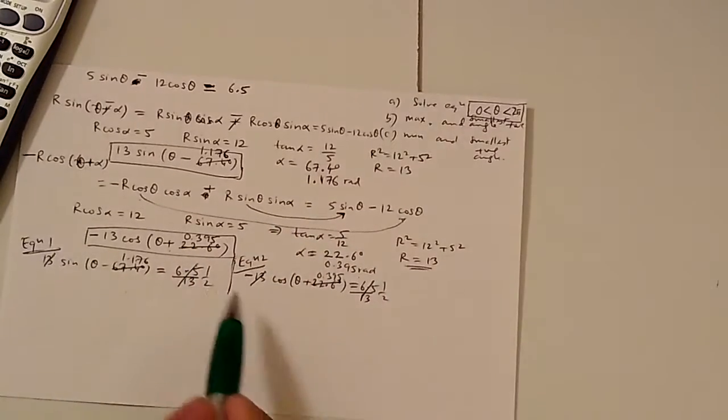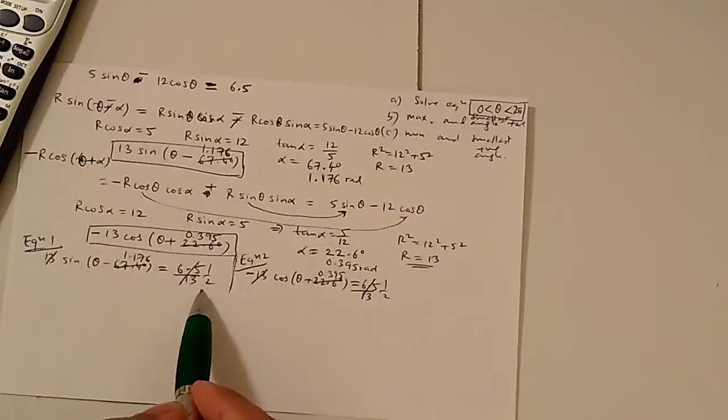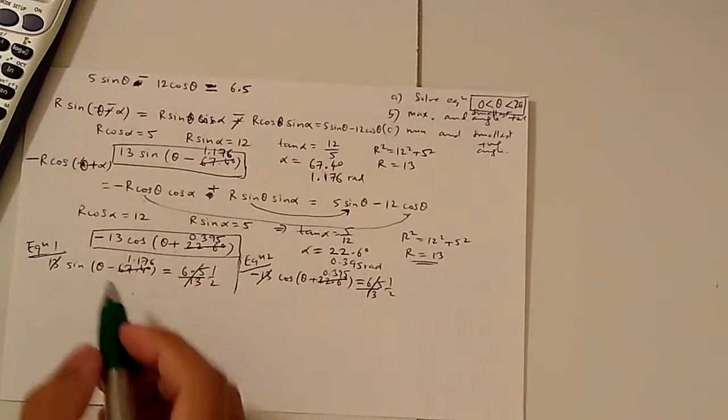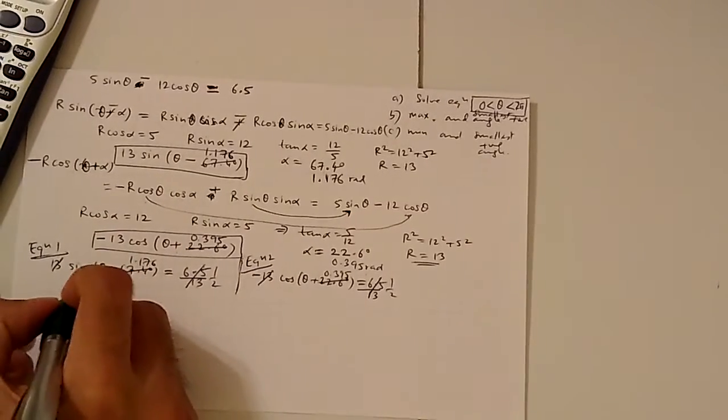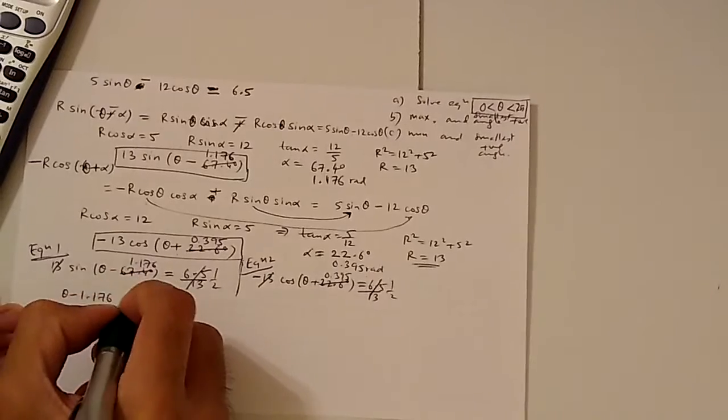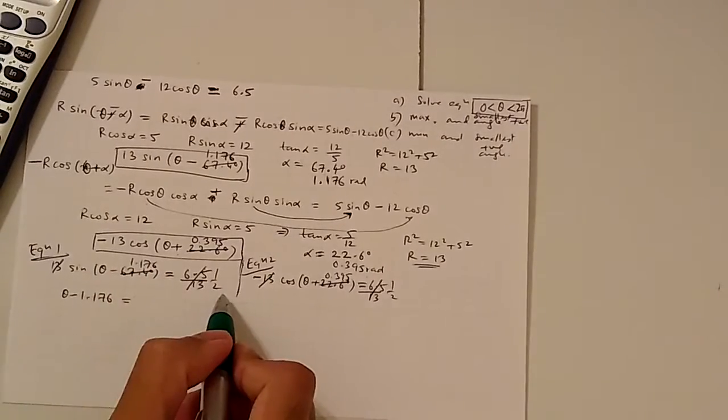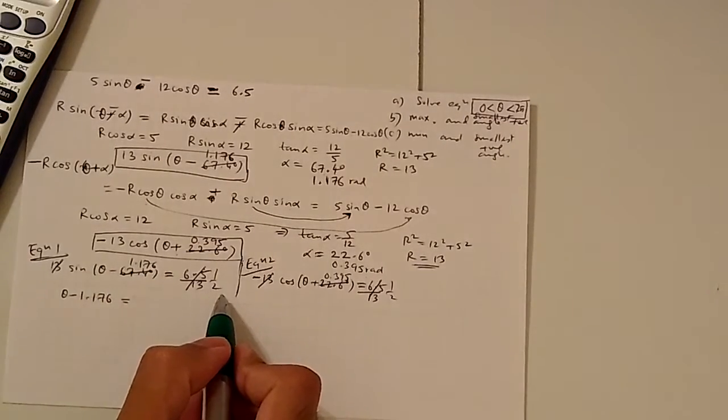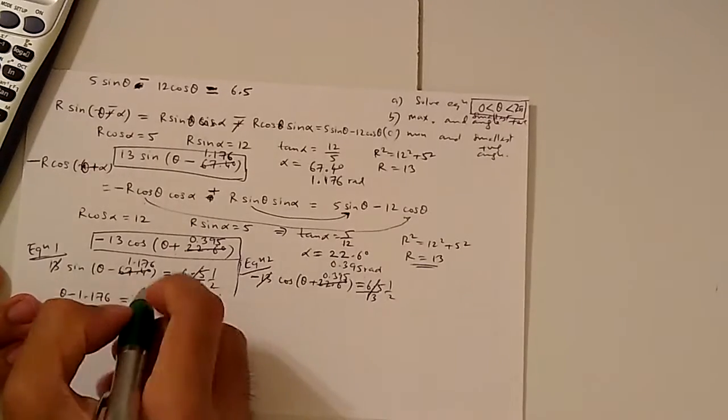Now continuing, half, sine inverse of half, cos inverse of half. Over here, theta minus 1.176 is equal to sine inverse of half, which is going to be 30 degrees, which in radians is pi by 6.